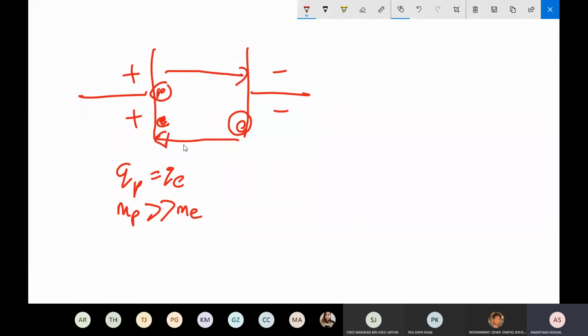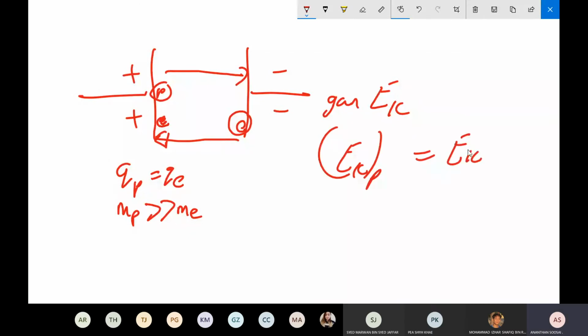The question is, when the electron reaches the positive plate and the proton reaches the negative plate, both are going to gain kinetic energy. Is the kinetic energy gained by the proton the same as that gained by the electron? Or if it's not the same, which is greater?